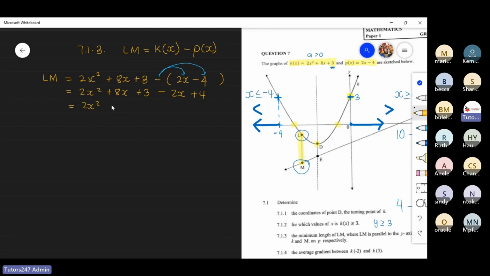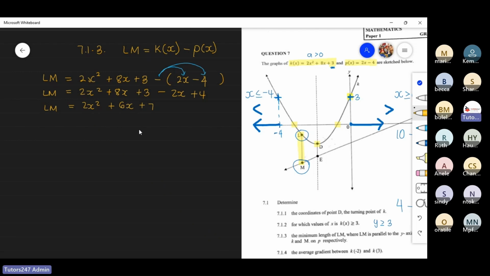So 8x minus 2x is going to give us 6x, and 3 plus 4 is going to give us 7. So we now have the equation for the length LM. If we were to substitute the x value into LM, we would get the length LM.